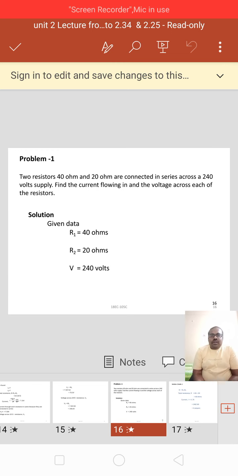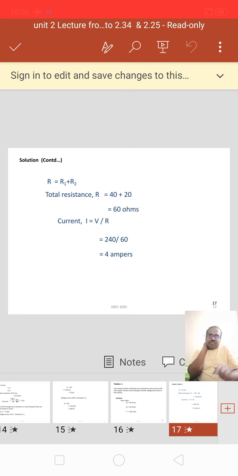Given data: the two resistors are connected in series, so R1 equal to 40 ohms, R2 equal to 20 ohms, and the supply voltage is V equal to 240 volts. We know that R equal to R1 plus R2. Total resistance R equal to 40 plus 20, that equals 60 ohms. Current I equal to V by R, that equals 240 by 60, that equals 4 amperes.